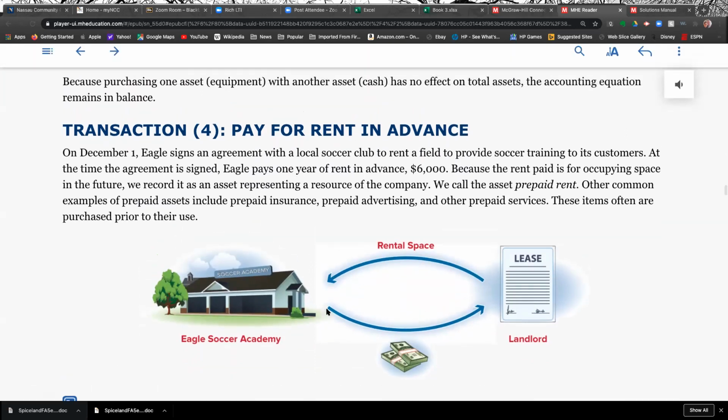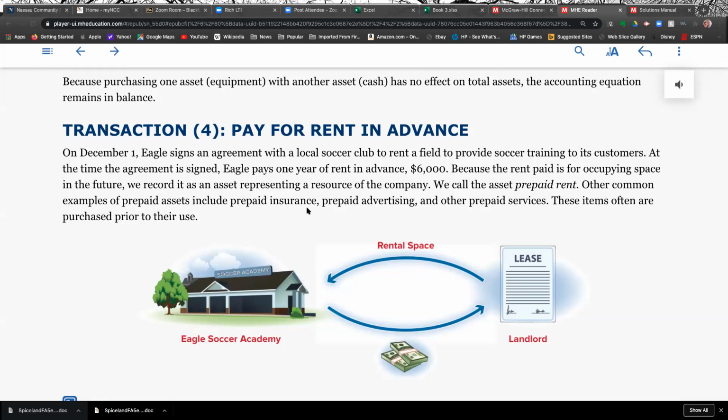Pay rent in advance. Now, normally, when you think of rent, you think of an expense. If you are only paying 1 month's rent, it's an expense. But if you read what it says here, and don't ask me why they do this, I think it's really dumb, he's paying a full year's rent in advance.